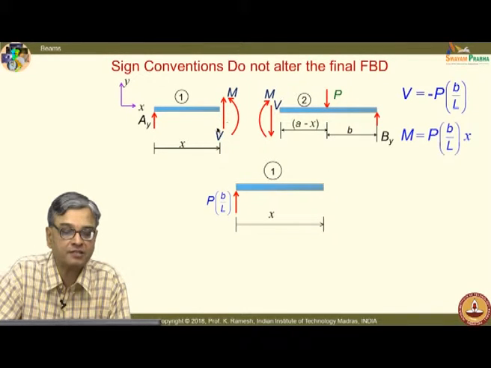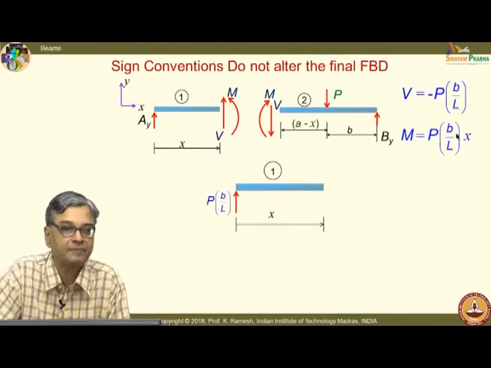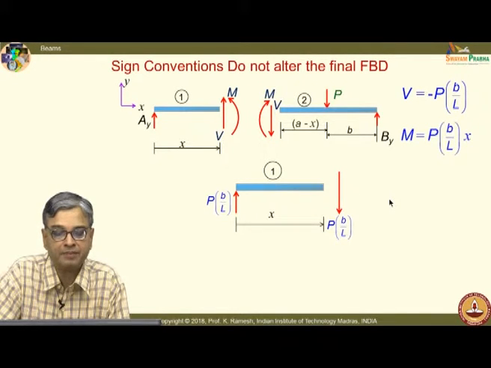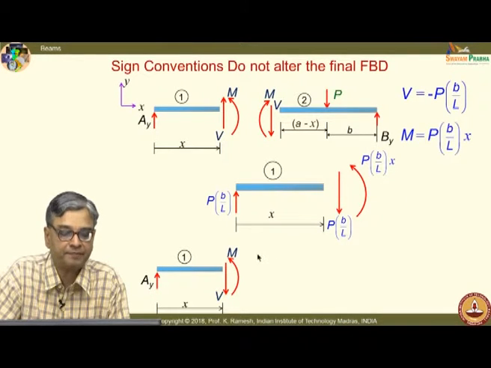Originally, I assumed this is in this direction. My mathematics has given the answer as negative. So, I would put it down. This is what I would put in the final free body, Pb by L, and this as Pbx by L.